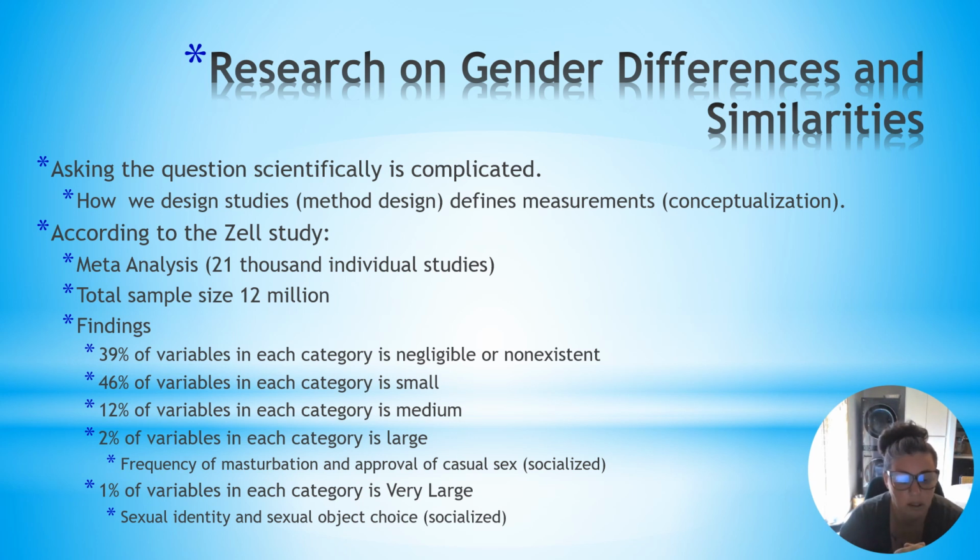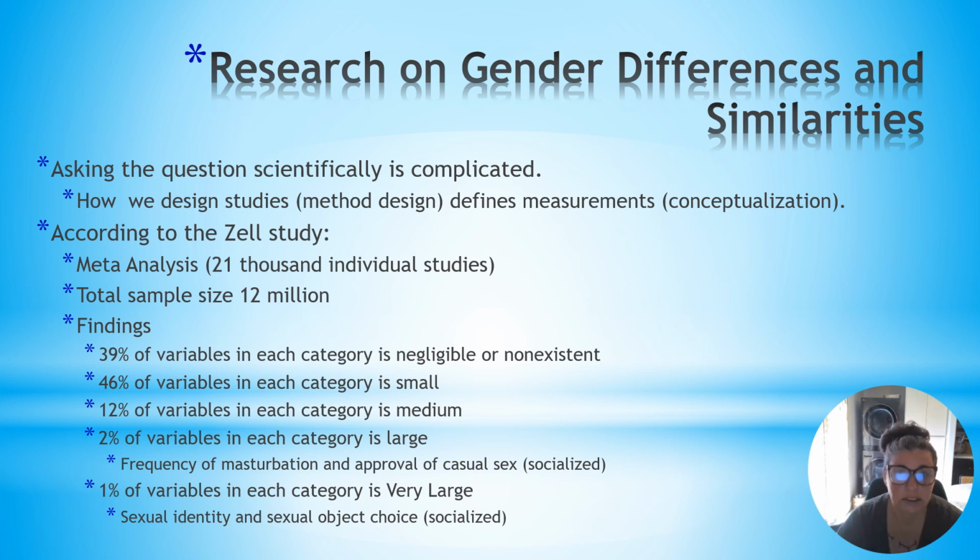So the text, Lisa Wade and Ferrari's text, they use the Zell study. The Zell study is actually a pretty large study. So it was a meta-analysis. She talks about it as having 21,000 individual studies, meaning they pulled together 21,000 different scientific studies that people did, mostly in psychology.